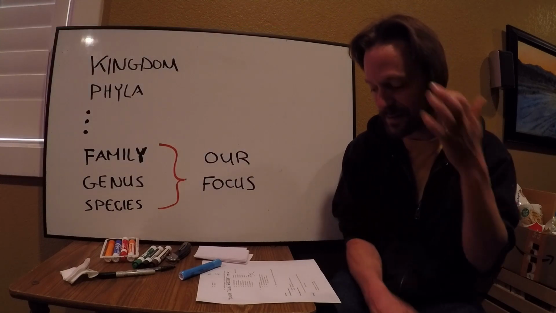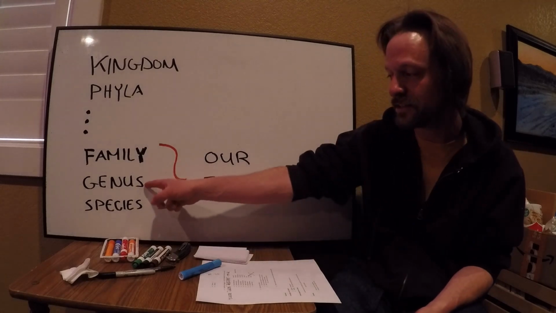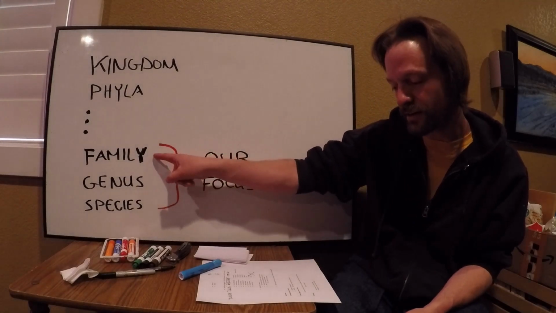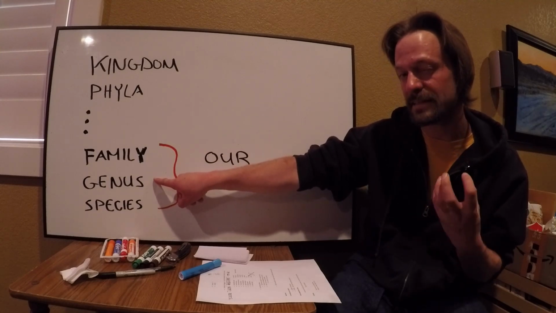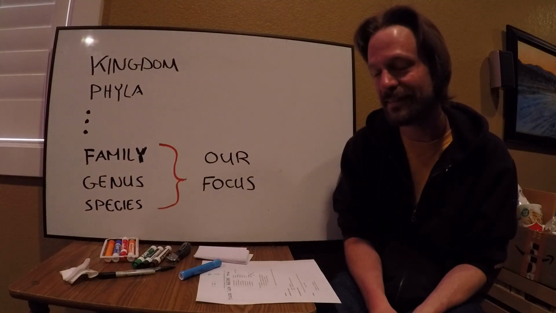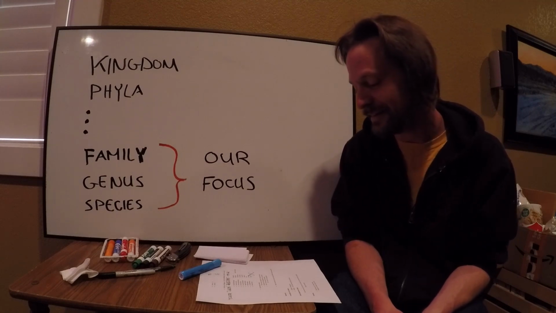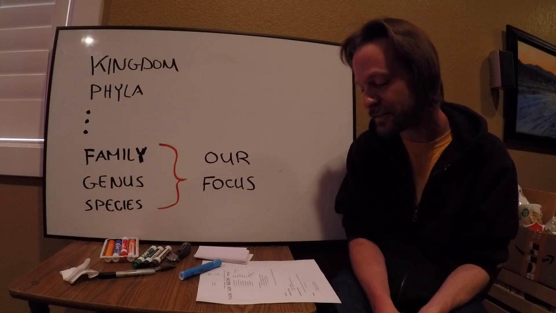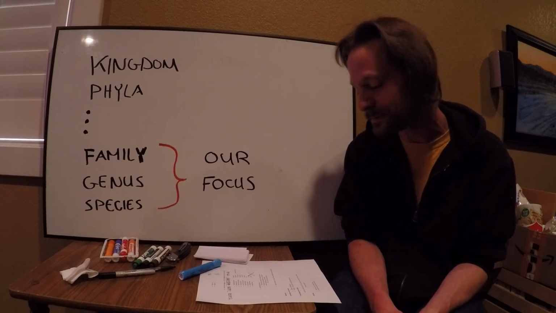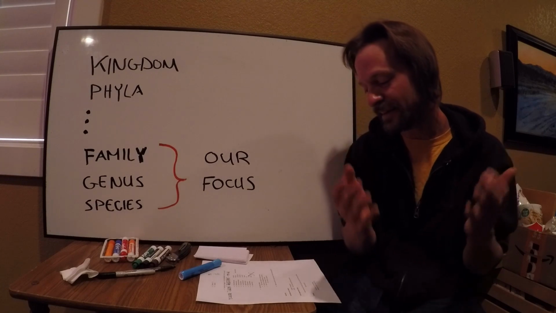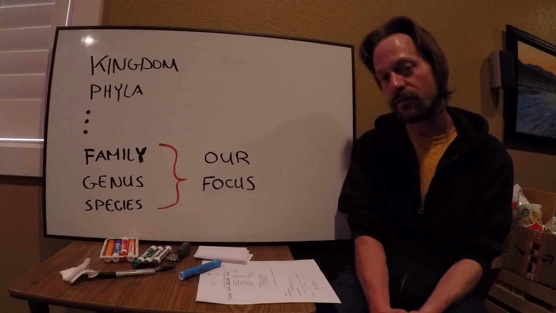Brassica is actually a genus name, so when we shorten our family name, Brassicaceae, to Brassica, just remember there's a little caveat there. I guess you can also shorten it to Brass, B-R-A-S-S.